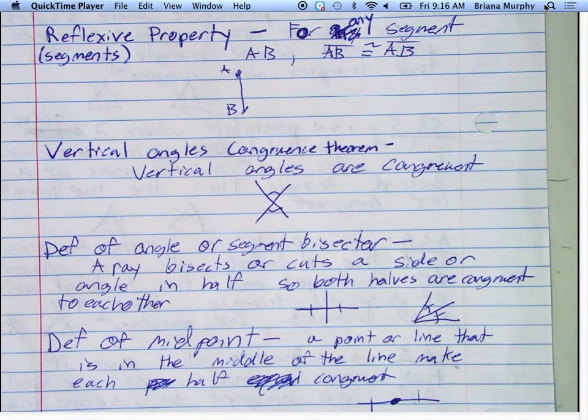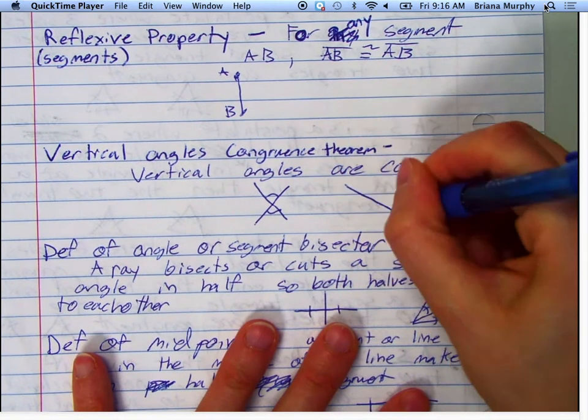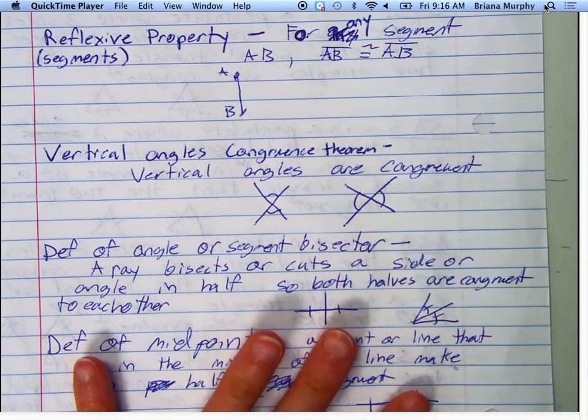Okay, vertical angle congruence theorem. Vertical angles are congruent, and there's a picture. See how it shapes an X, and they're congruent. If it was the other way, these are congruent as well.